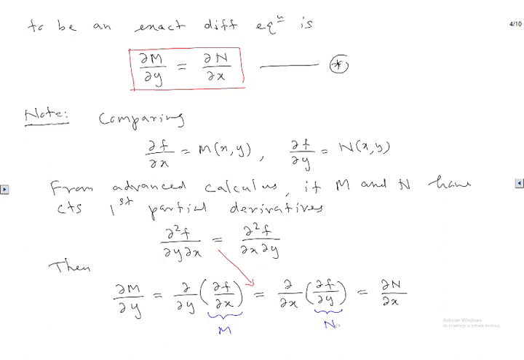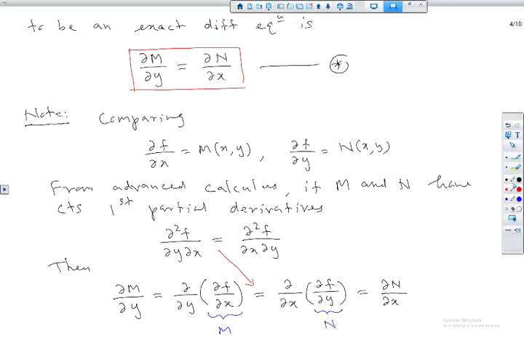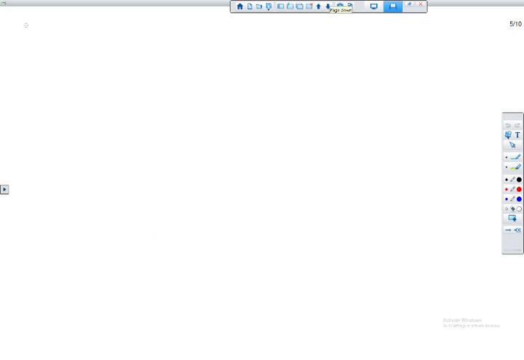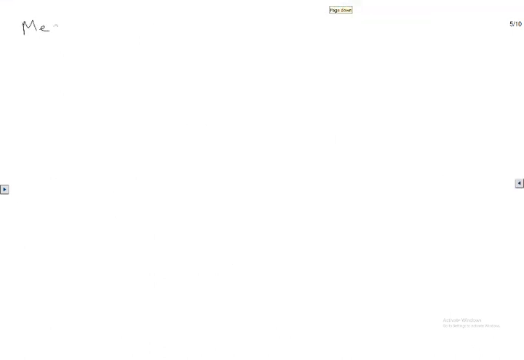So we can use this as the criterion to check whether a differential equation is exact. Good. So let's talk about the solution method. Method of solution.